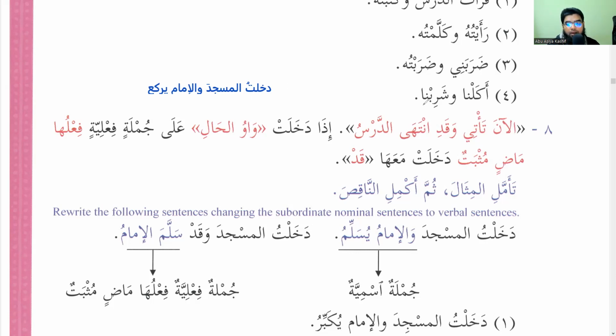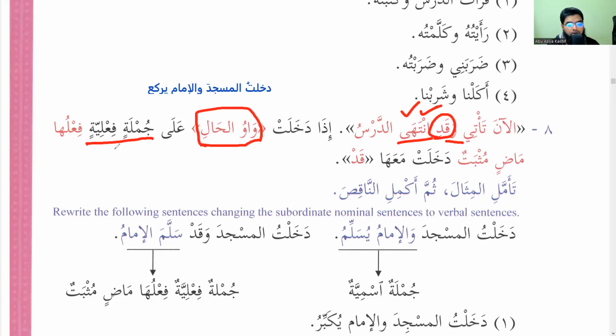So, now you use waw. And this is madi, that's fine. Is it positive? There's no negation, right? Yes, it's positive. Is it madi? Yes, it's madi. So you have to use qad. So it says, إذا دخلت واو الحال على جملة فعلية. Generally, waw al-hal should come with ismiya.